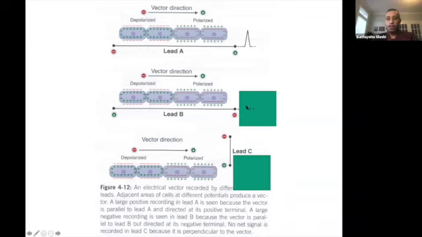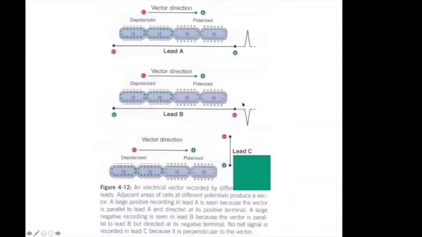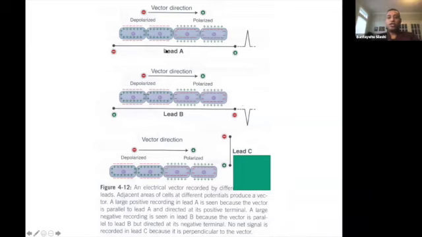Thank you, Dr. Blinn. It is a negative deflection. So the electrical activity didn't change. All that changed was how we were going to see the electrical activity, and we get a downward deflection.